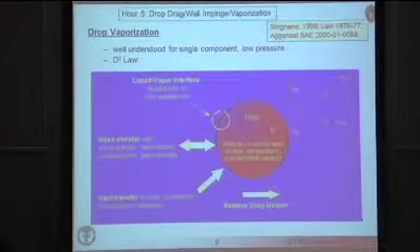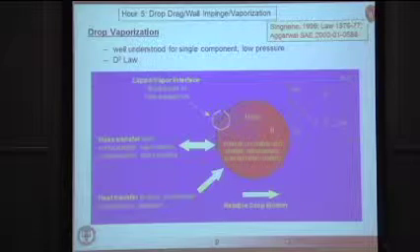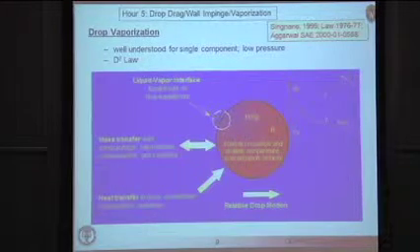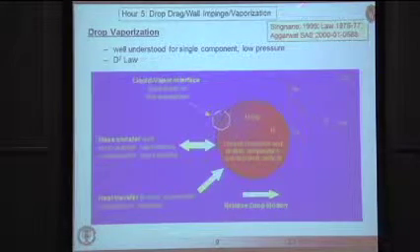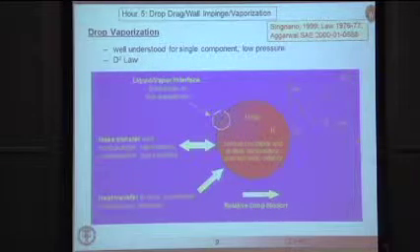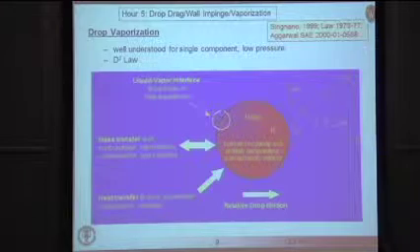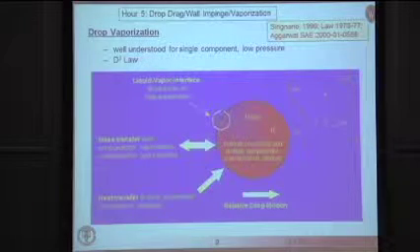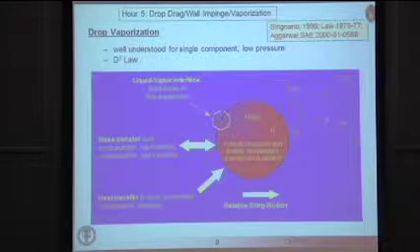Okay. So next thing we've discussed a little bit before about multi-component fuels. So droplet vaporization. A lot of work in the literature, textbooks written that you can refer to for droplet vaporization. A lot of processes that need to be considered.